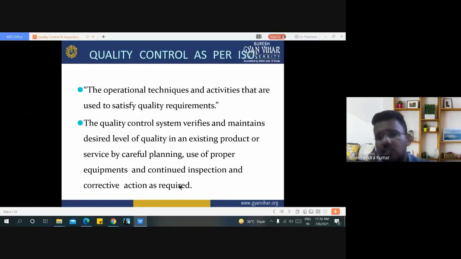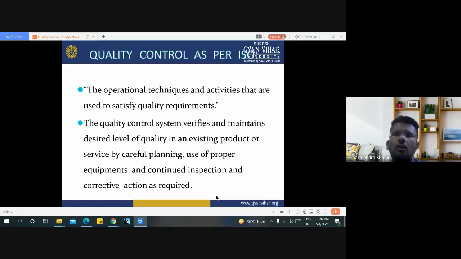On the basis of the usage of proper equipment, proper machining process, and continued inspection, if we find any error or more deviation in the final product, then corrective action is required for changes in planning, process, machine, and the raw material.